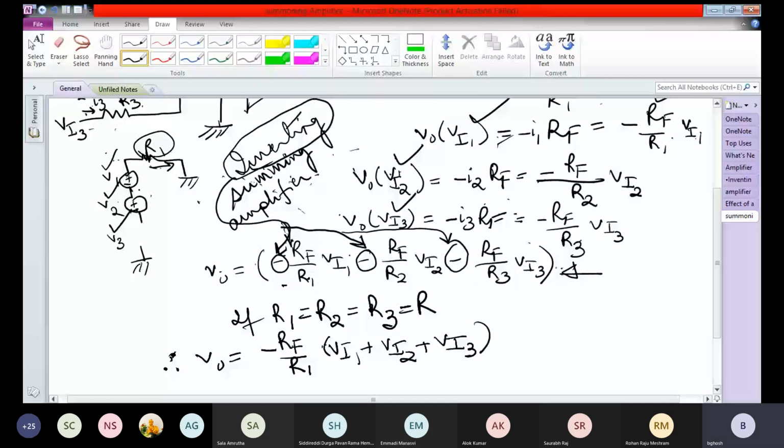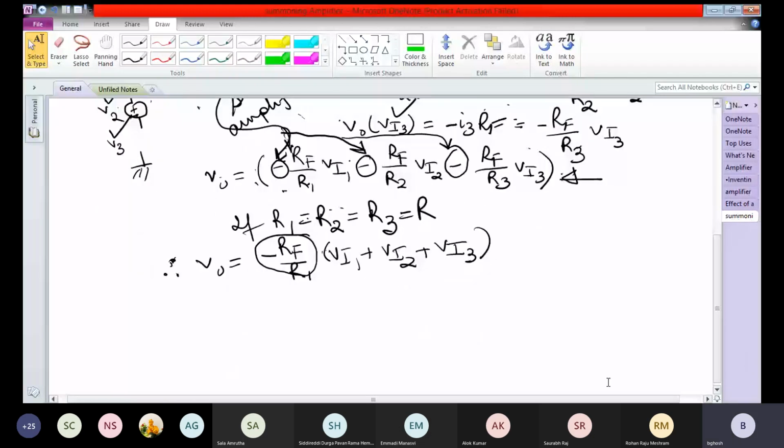So the output is the summation of the three input voltages with a common multiplying factor, minus Rf by R. This is called a scaling amplifier: the output is the summation of the inputs with a single amplification factor.